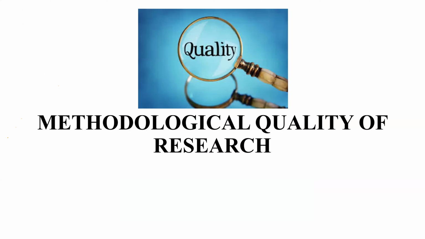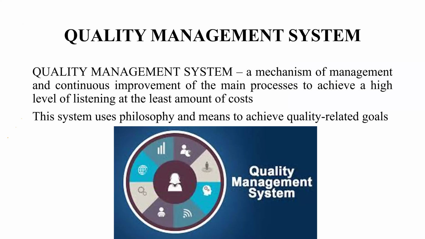Now we continue. The next chapter is quality of research. The quality of research depends on the system of quality management, the quality of devices, and organization of work in scientific research, and control of this research in some way.